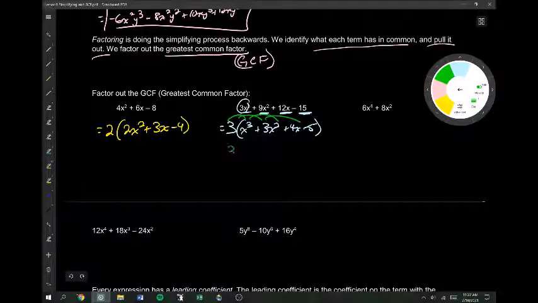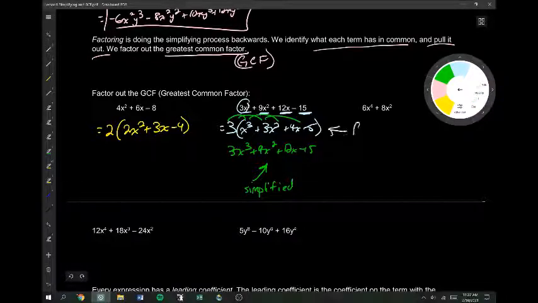And I would get, again, 3x to the third plus 9x squared plus 12x minus 15. So this version here we call the simplified form. Sometimes it's called the expanded form. Whereas this version here we call the factored form. They both have value. So sometimes you'll end in the factored form. Sometimes you'll end in the simplified form, and it actually will tell you in advance, factor or simplify.